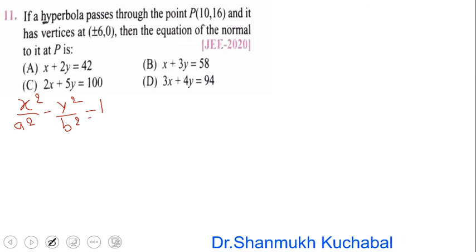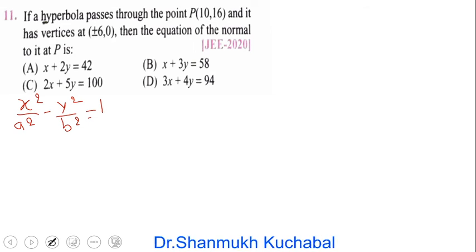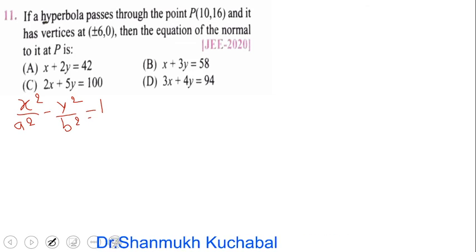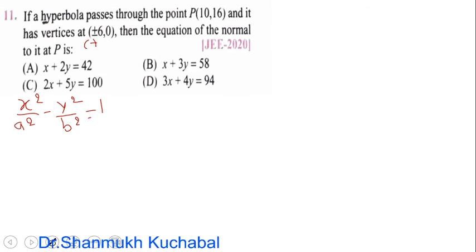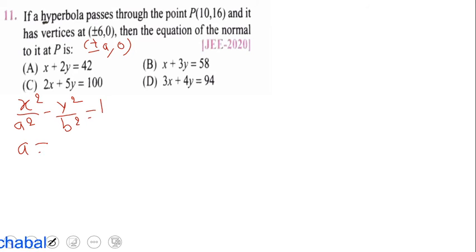The vertex is given, it is plus or minus 6. So the standard form is a comma 0. Just compare it. So we get a value as 6. Just below I have written it for your understanding.